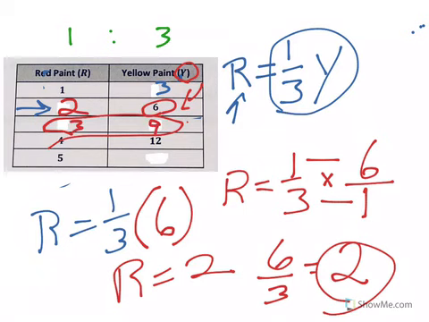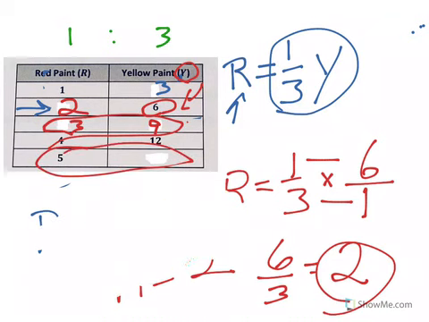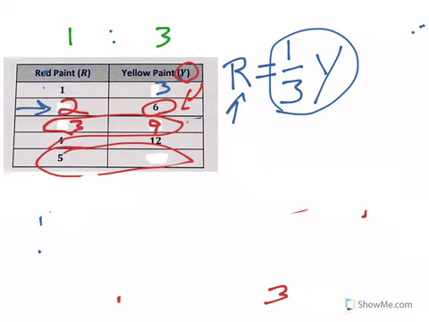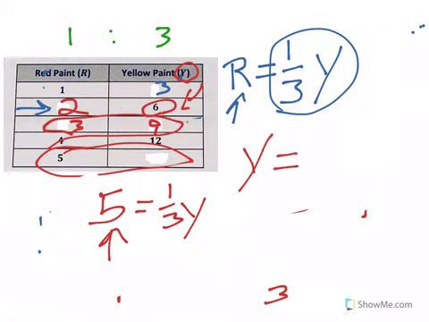And this is where we can use our math facts. If you pop down here, let me erase some of this to give us a little more room to work. We have R is 5 equals 1/3 Y. So we can flip it because we know what R is, but we want to know what Y is. So we really want to know Y is equal to what?